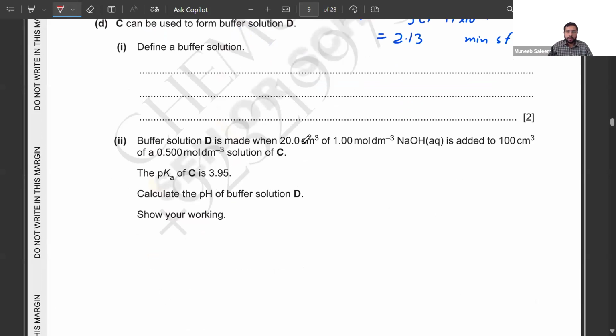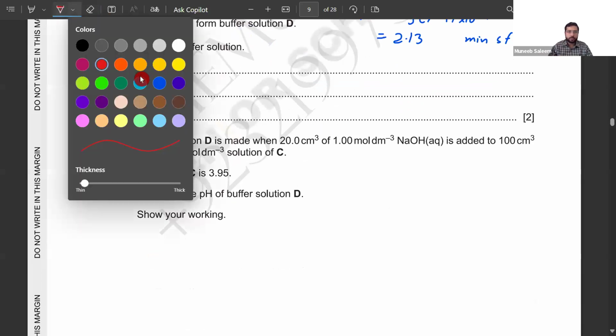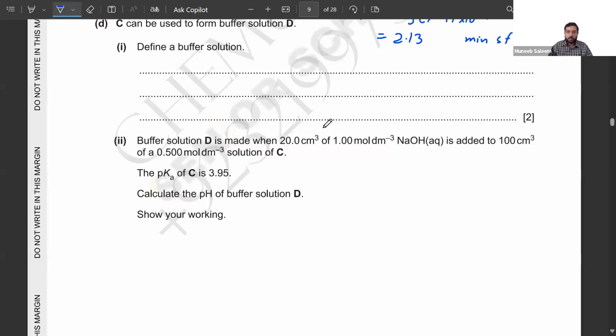All right, now first of all, we need to calculate the moles. 20 cm cube of 1 mole per dm cube is basically equivalent to 0.02. So these are the moles of NaOH which were used here, 0.02.